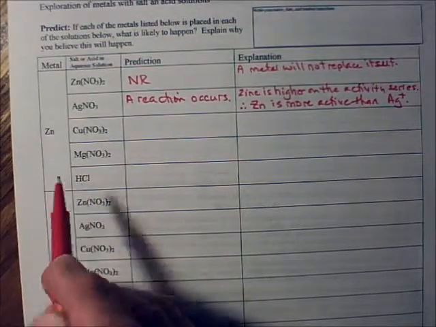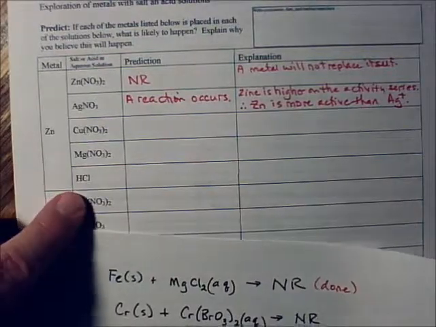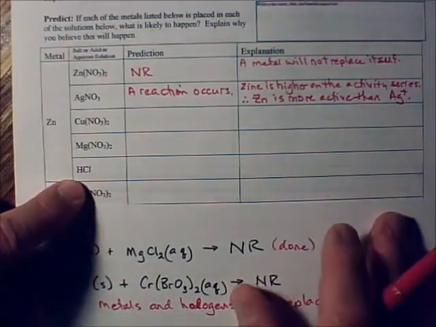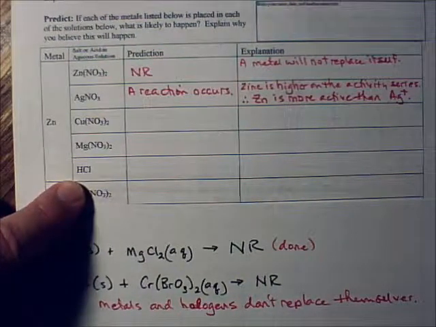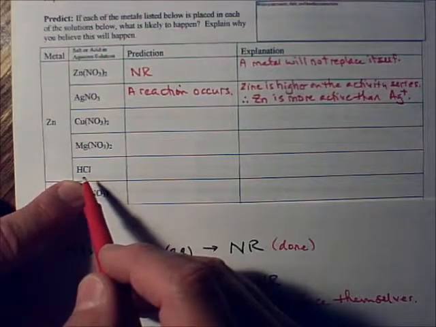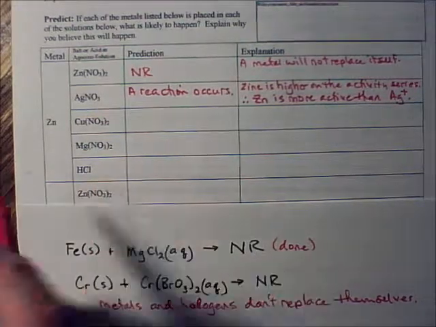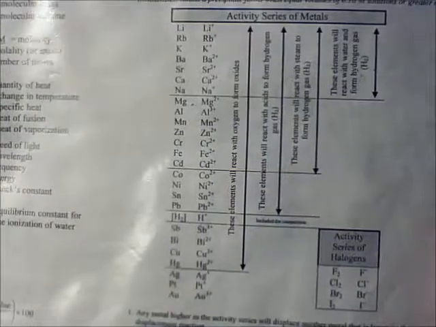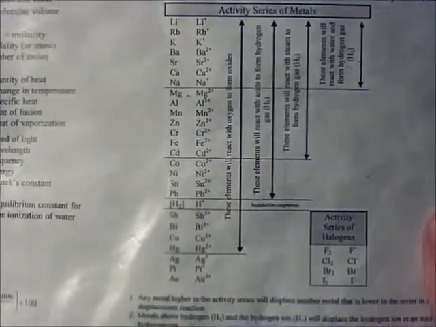Now, let's jump down to this one right here, zinc, and this thing right here. What is this thing right here? Hydrochloric acid. Very good. Now, acids per se are not listed on the activity series, at least it doesn't look like it so far, but it is. I'm going to explain why acids are listed here.